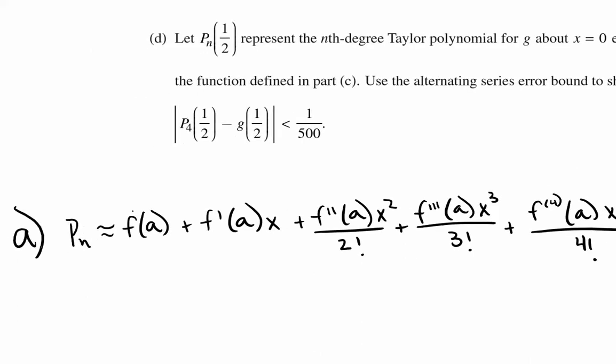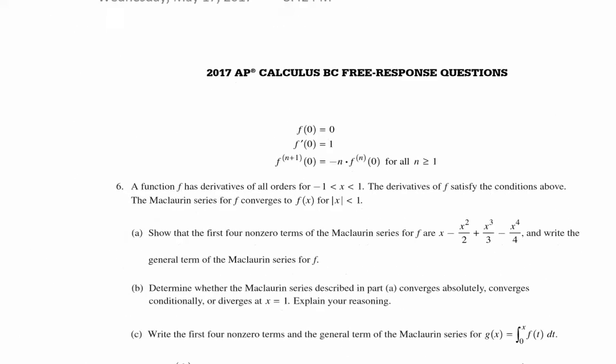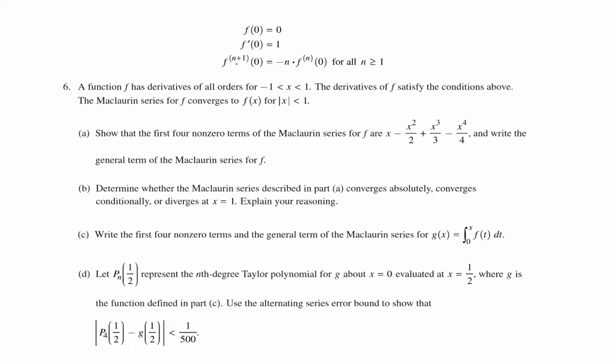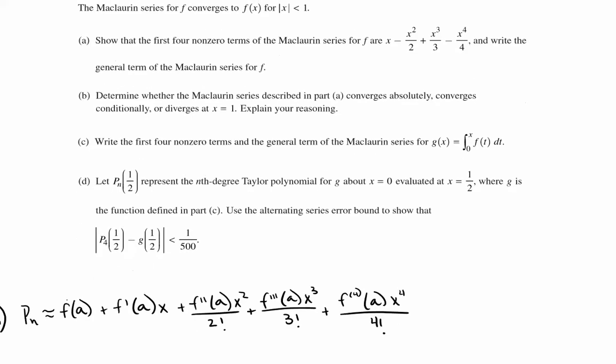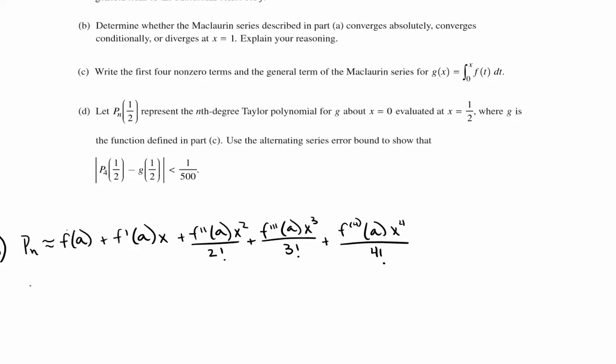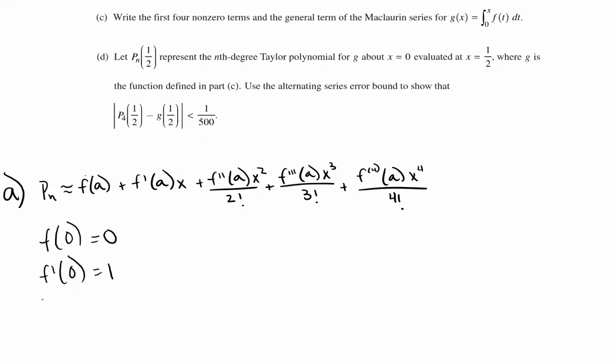So our first step is to find the derivatives, and they give us the formula for that up here. So we'd have f of 0 is 0, f prime of 0 is 1, and then f double prime of 0 is going to be -1 times f prime of 0, so times 1, which equals -1.